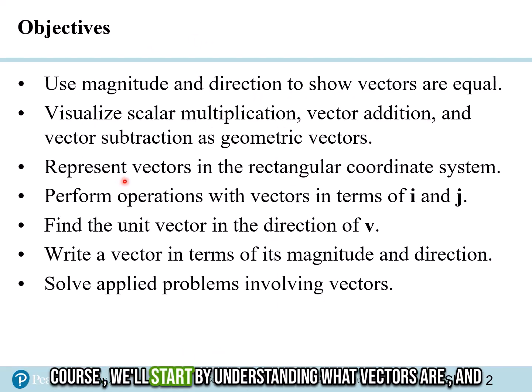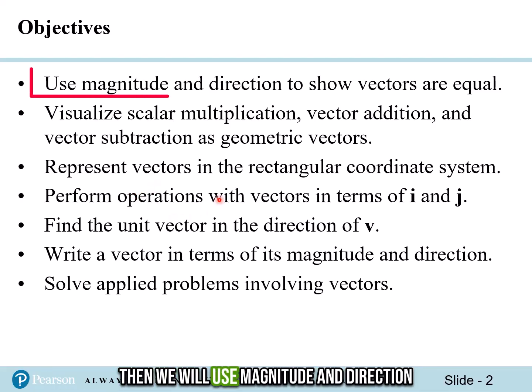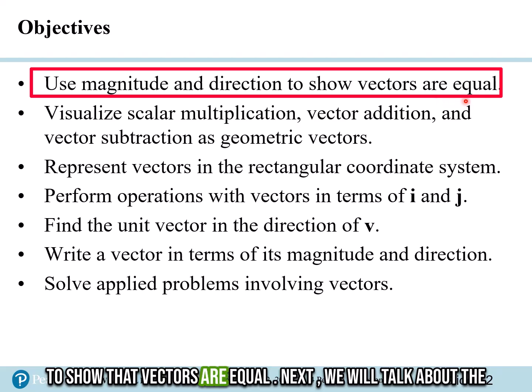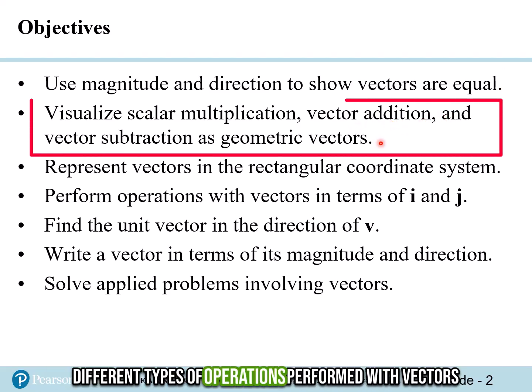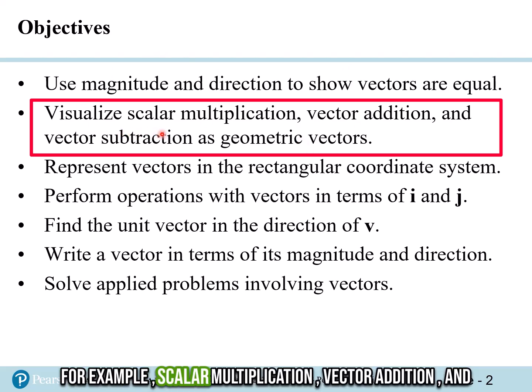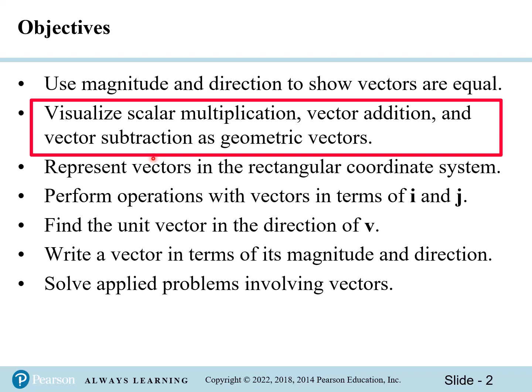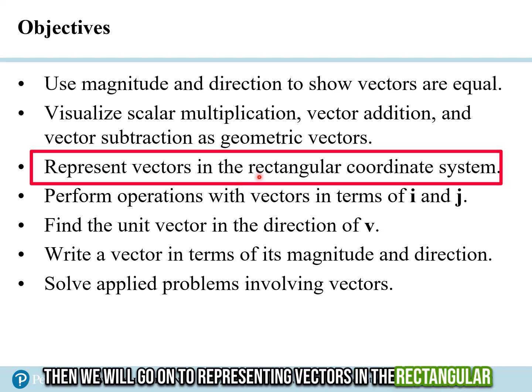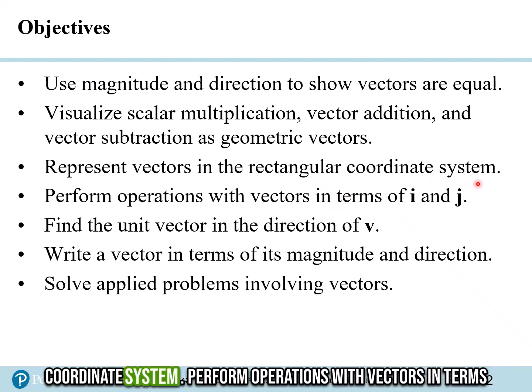Of course, we'll start by understanding what vectors are, and then we will use magnitude and direction to show that vectors are equal. Next, we will talk about the different types of operations performed with vectors. For example, scalar multiplication, vector addition, and vector subtraction as geometric vectors. Then we will go on to representing vectors in the rectangular coordinate system.